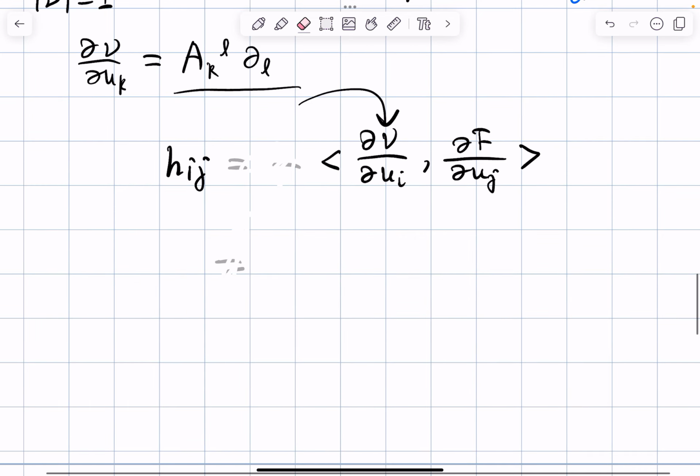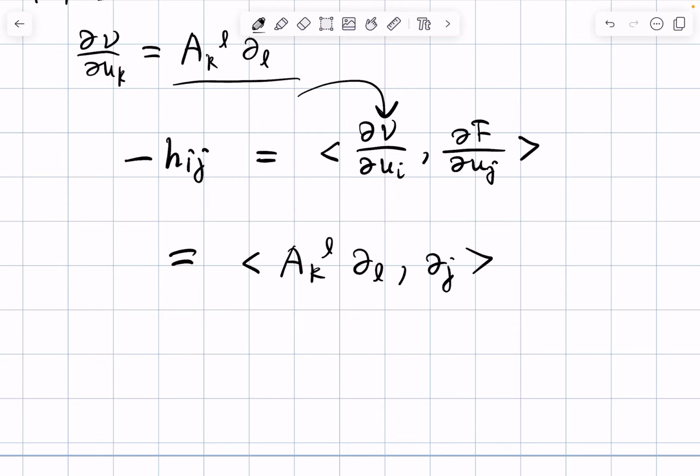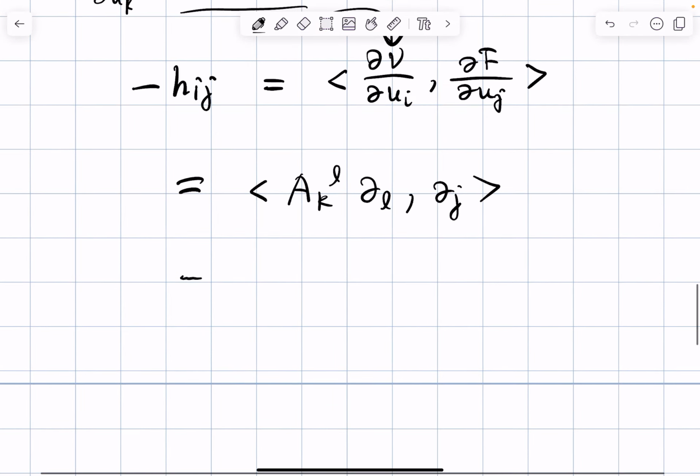We need a rearrangement. Let me do the minus sign on the left-hand side. This part becomes a_k^l partial_l, partial_j. Because it's bilinear, I mean, it's an inner product, it's equal to that.